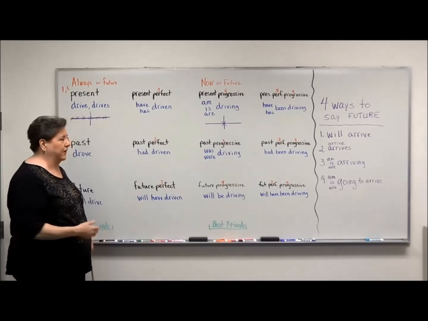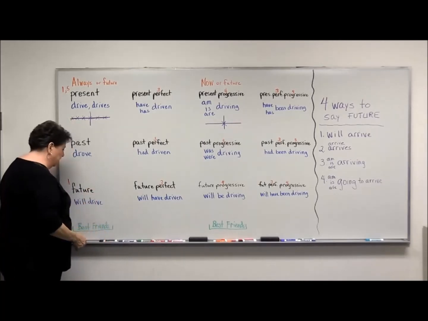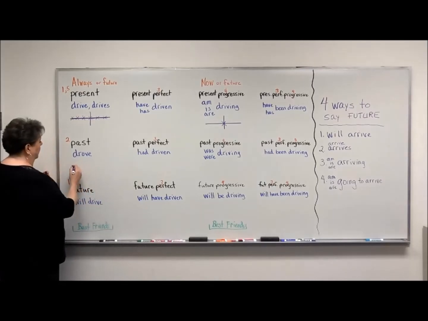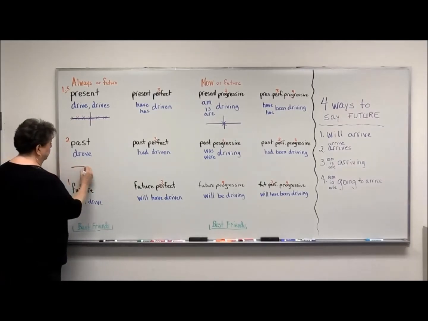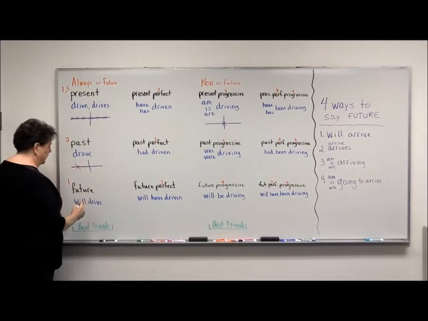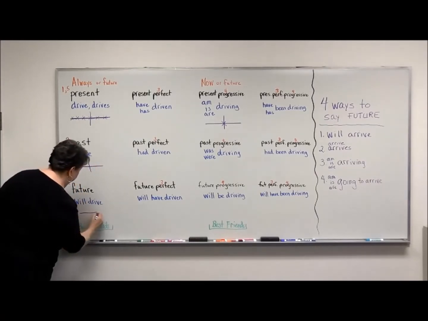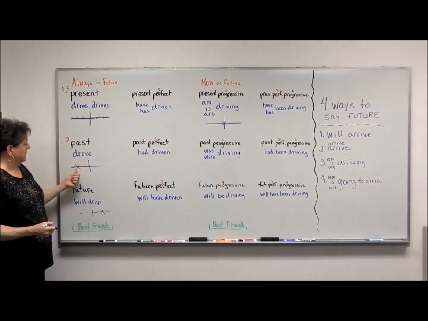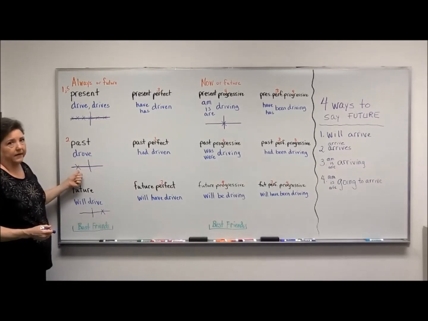So how does that work? Well, let's do these timelines here. Most of our students know what past and future mean. So let's just write those down right now. The simple past means one action happened in the past.